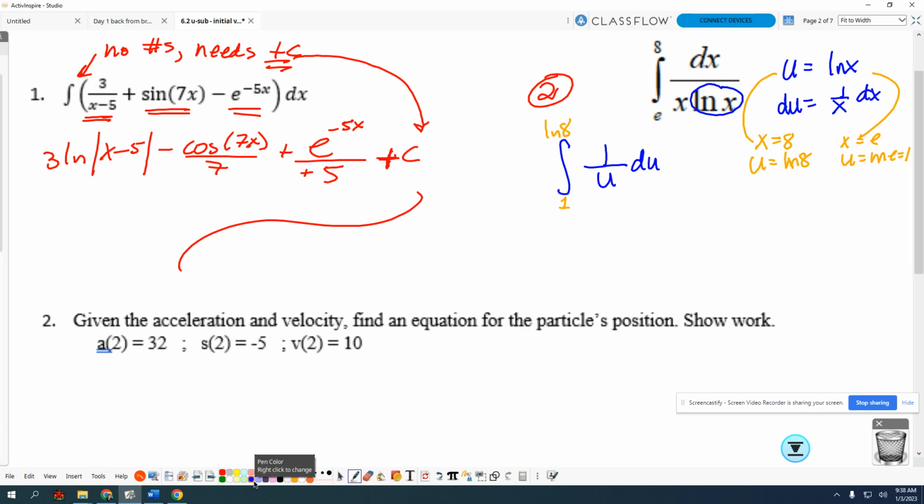Now you integrate it. Awesome. Integral of 1 over u is ln u. And technically the absolute value bars go on it, but 1 is positive, natural log of 8 is positive, so I'm not going to put them there.